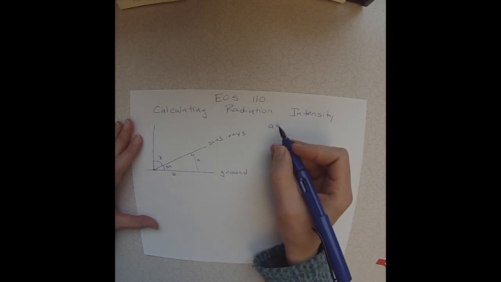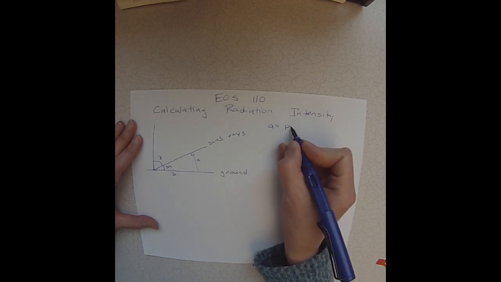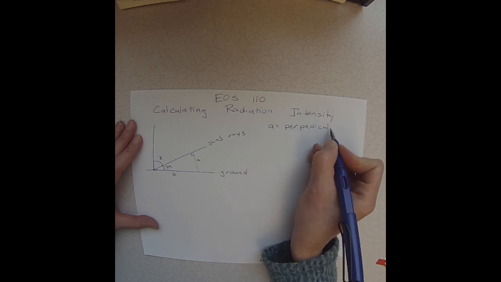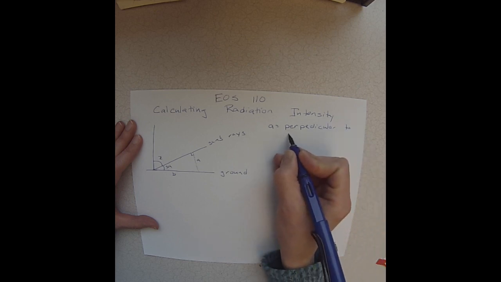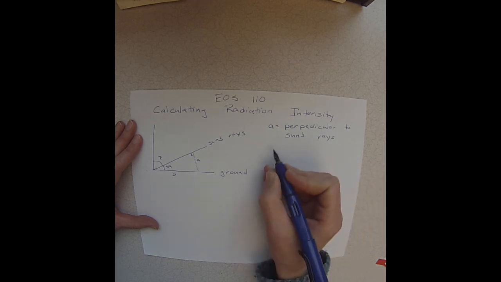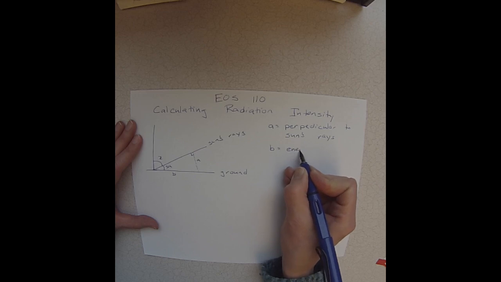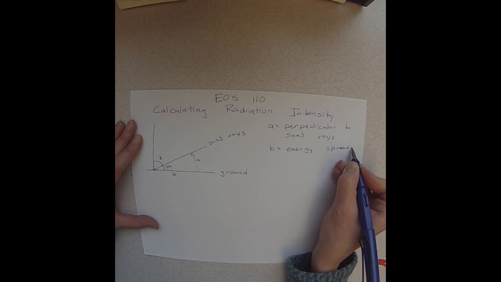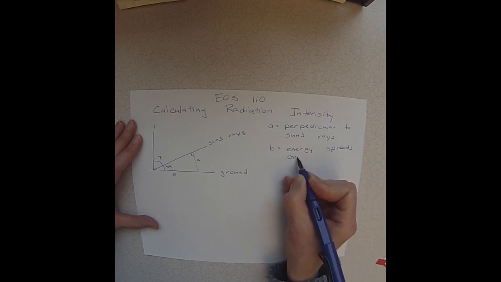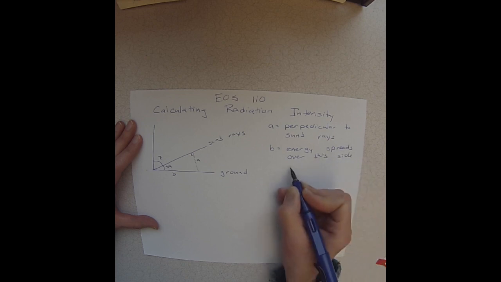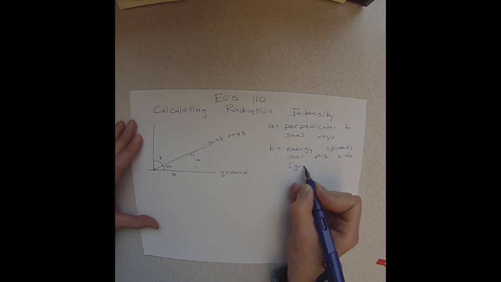My side A is perpendicular to the sun's rays, and the energy spreads out on side B. Side B is the ground in this case.